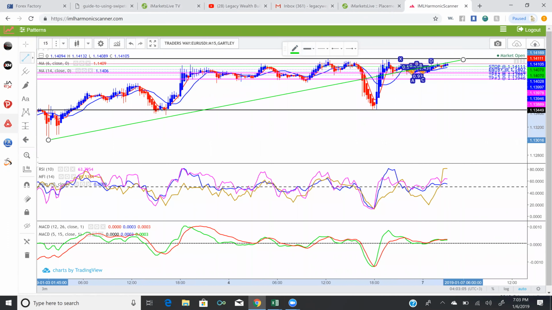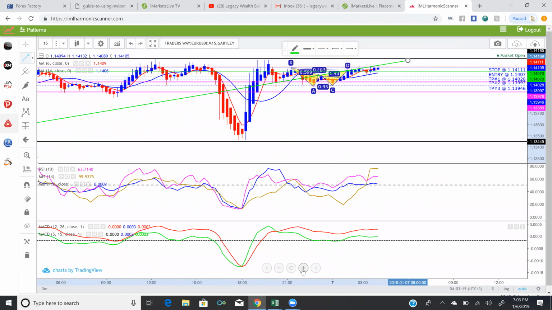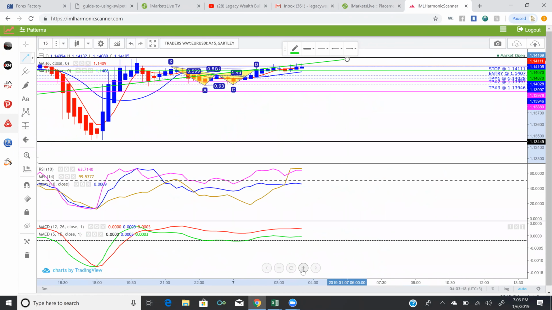Can you guys see my trend line? Does that make sense? And if I zoom in somewhat, can you see my trend line? Does that make sense?